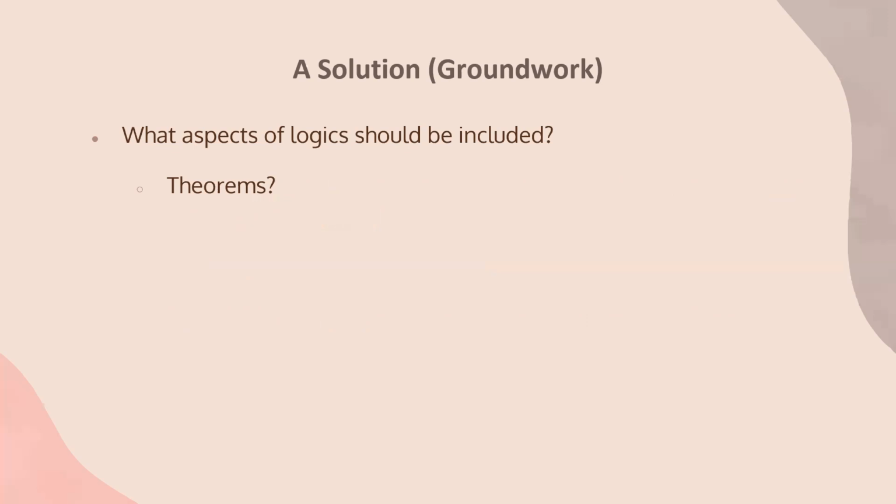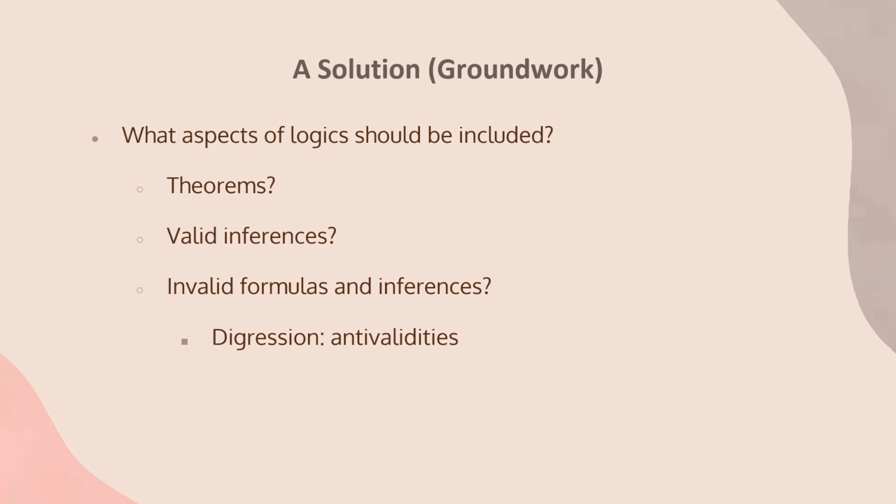But quickly, before we do, we should consider what aspects of logic should be included. This is related to the discussion about whether we need to include meta inferences. We can't just talk about theorems of a logic, and we can't just talk about the inferences of a logic, because they can coincide but differ at some higher level. In the meta-inference literature, it's noted that we also need to include either the invalidities or perhaps anti-validities of logics in order to distinguish them correctly.